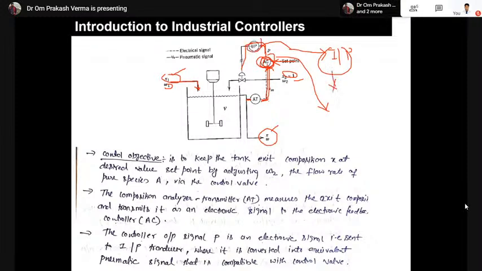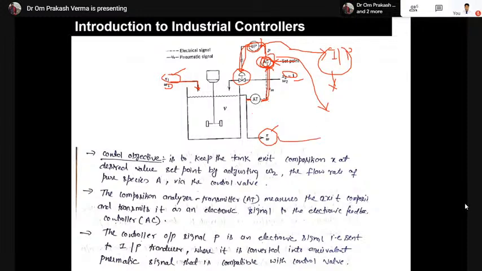The current to pressure converter creates a pressure signal that acts on the final control element, and the final control element acts accordingly. It will either open or close as per the desired value given by the set point, changing the flow rate of stream 2, and then the concentration of the final solution in the tank will be controlled.